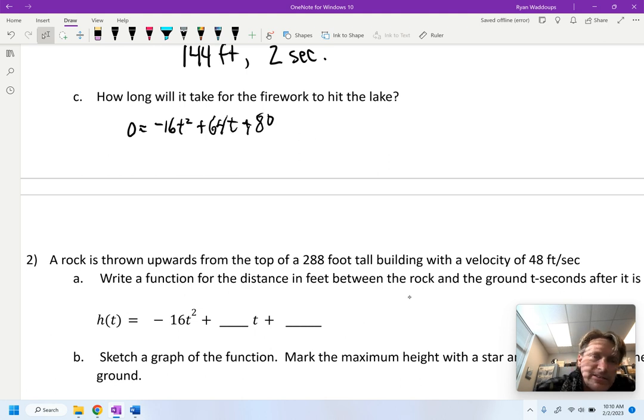I think that in this case, these are all multiples of 16.